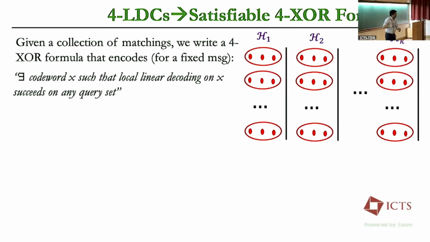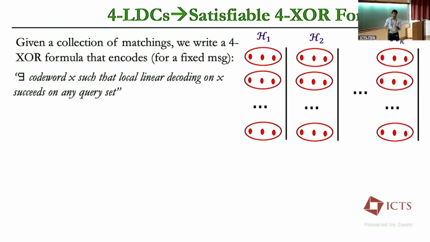You should get back the corresponding message bit. Basically, that's what the clause is. There is a code word X such that if I apply the local decoding for any of the message bits, then it succeeds with probability 1. And it should succeed with probability 1 because I'm applying it on uncorrupted code.